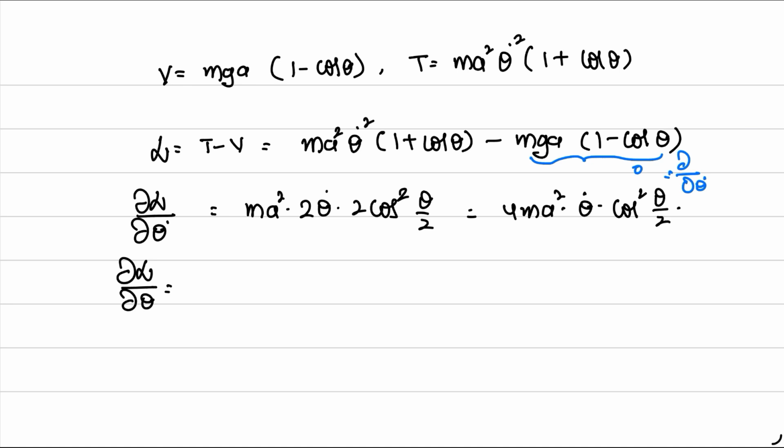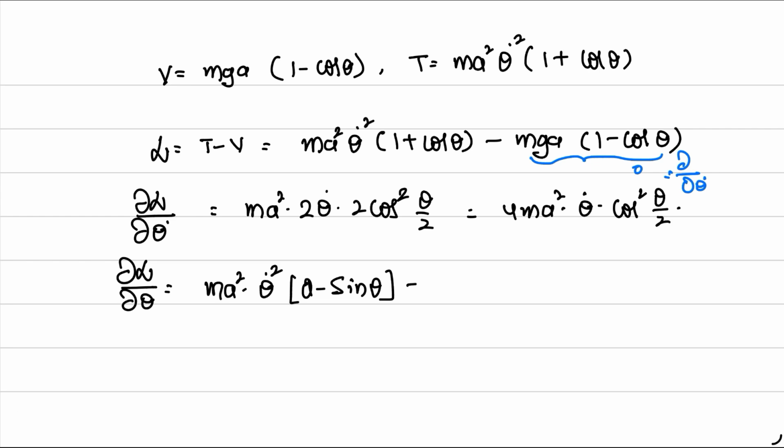What is dou L by dou theta? ma square theta dot square, because theta dot will be constant, into 1 plus cos theta, which will be 1 minus 0 minus sin theta. Do you agree?